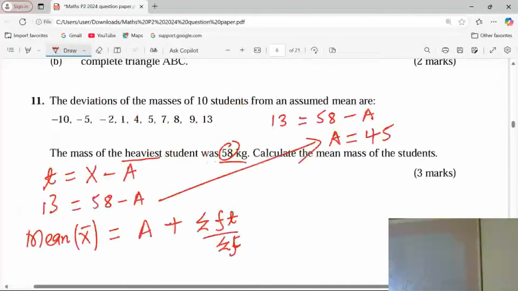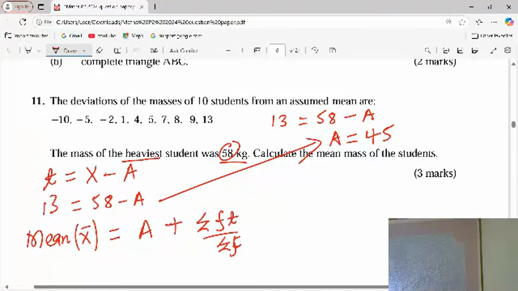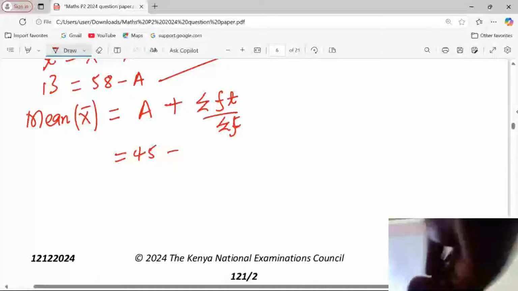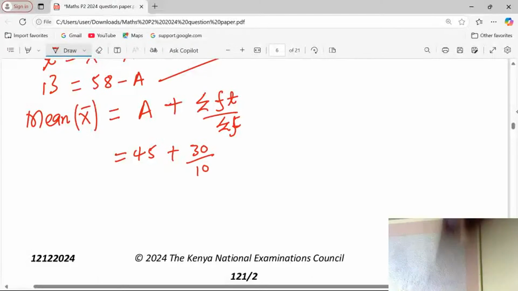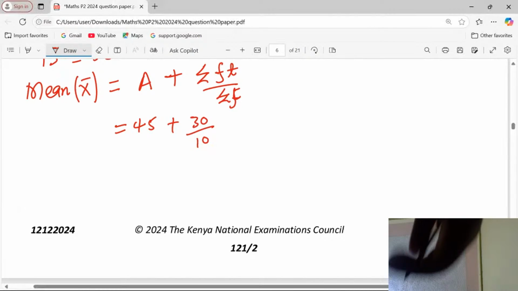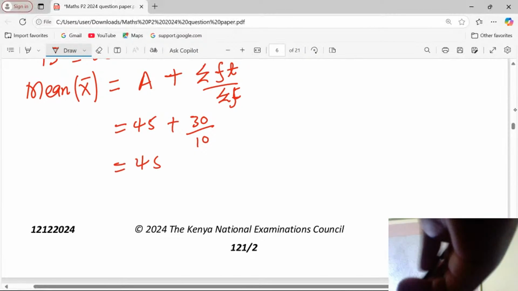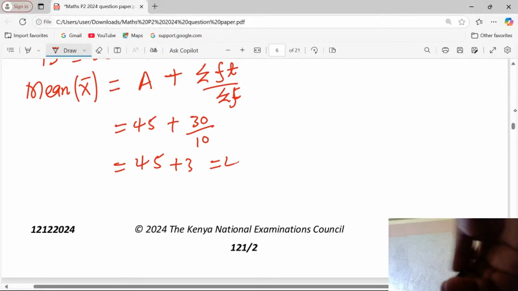Negative 10 minus 5, minus 2, plus 1, plus 4, plus 5, plus 7, plus 8, plus 9, plus 13. That's the total deviations, over 10 students. This will be 45 plus 3, giving us 48 kg.